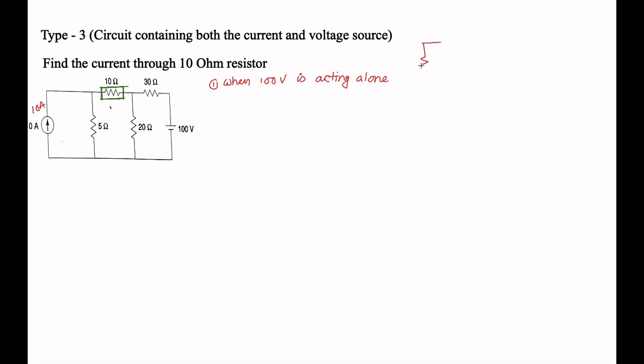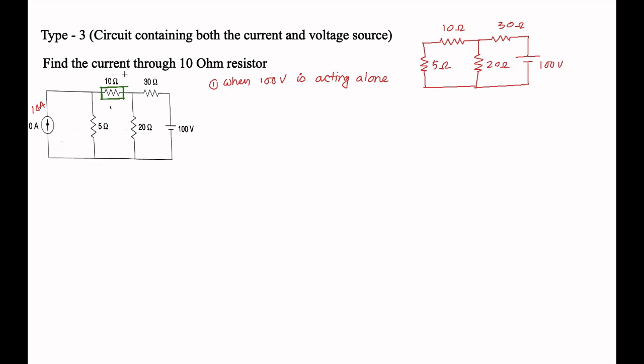Here it is the 5 ohm, here the 10 ohm, here again 20 ohm, here 30 ohm, and the 100 volt. So this is your 100 volt, this is your 30 ohm, this is your 10 ohm, this is your 20 ohm, and this is your 5 ohm, and you have to make this open.